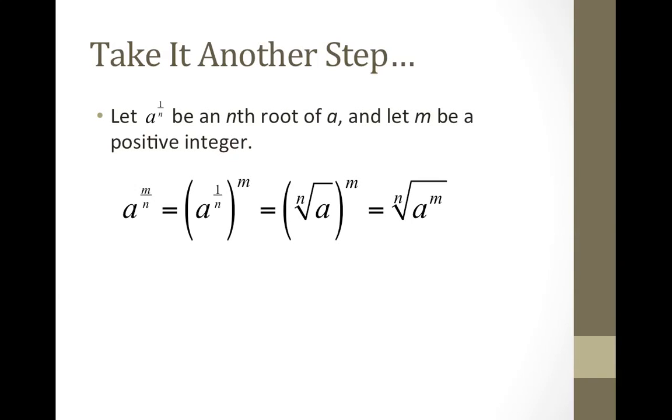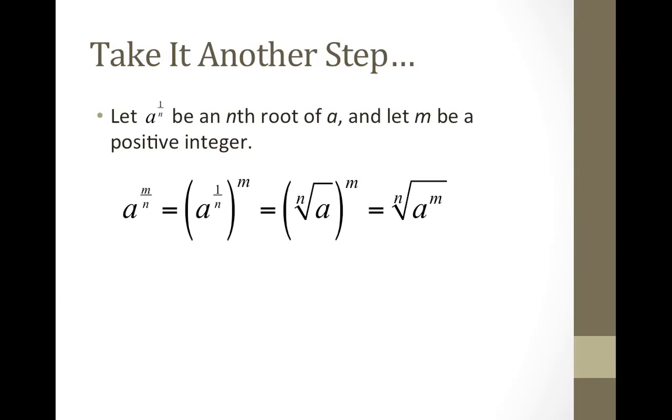So if we have a to the 1 over n power, meaning nth root of a, and then we have m as a positive integer, if we have a to the m over n power, we can really just split that up and say, well, that's the same as taking a to the 1/nth and then taking that whole thing to the mth power.